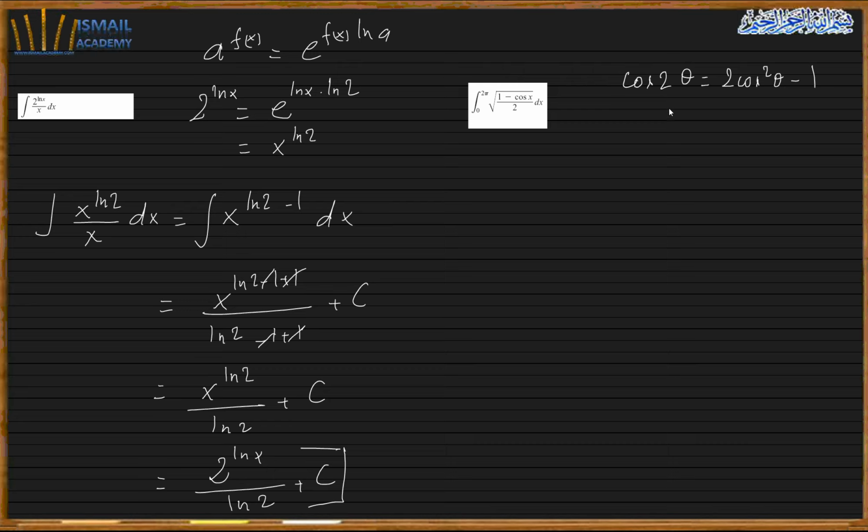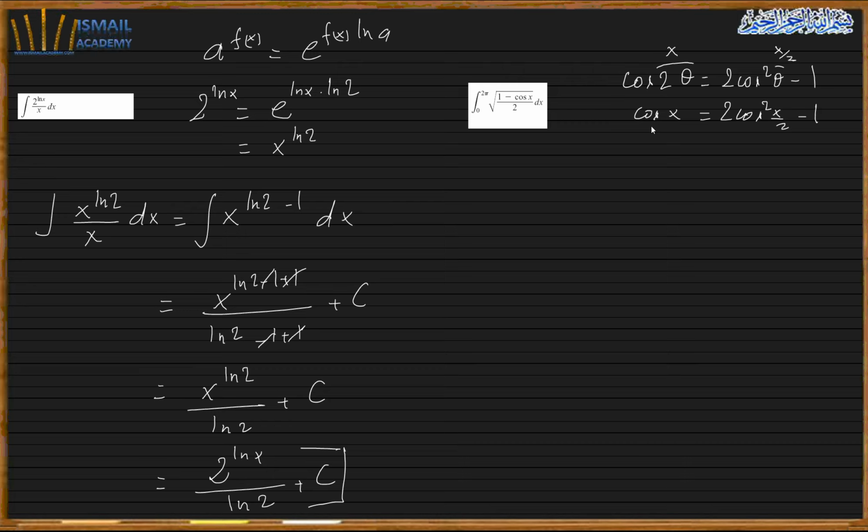So if I substitute this by x, that means theta will be x over 2. So that means I will have cosine of x equal to 2 cosine square of x over 2 minus 1.